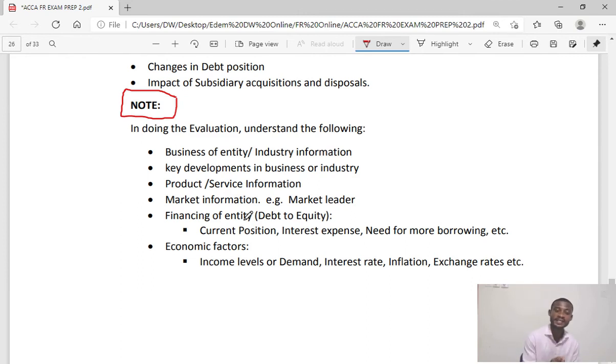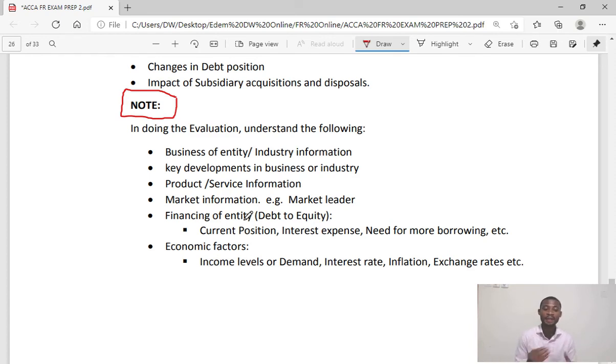Is it a listed company? What are they into? What are their product and service information? What is happening in the industry? Maybe you'll be given some hint on industry development, or the entity itself had undertaken some key developments in the year. You have to look at that.